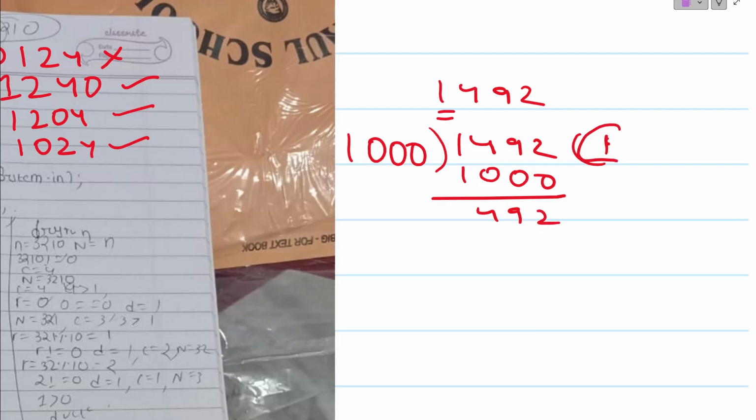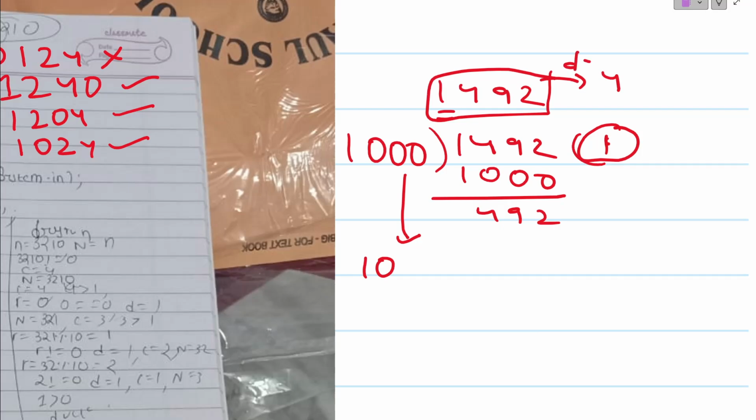Do you find the first digit? So can I put a formula that if my number of digits is 4, I write 10 to the power number of digits? Let the number of digits be stored in d, so d minus 1.